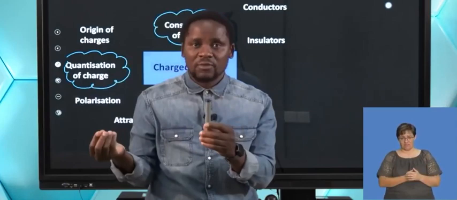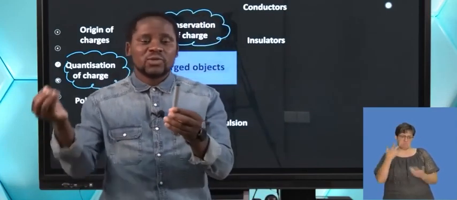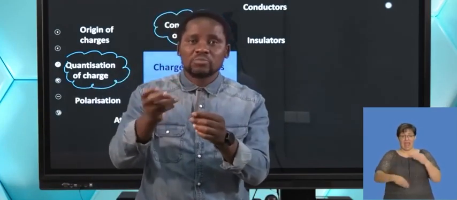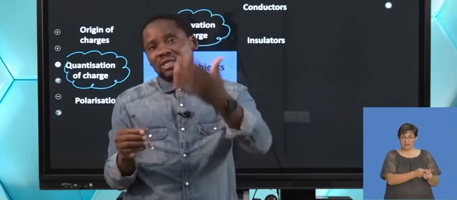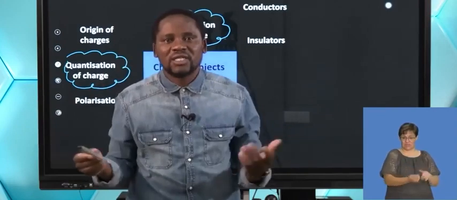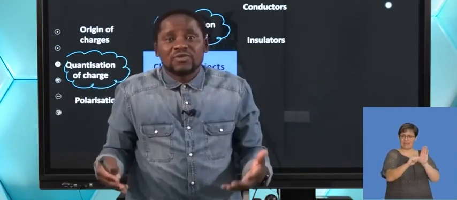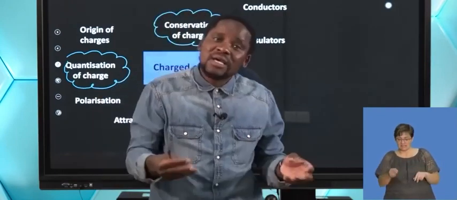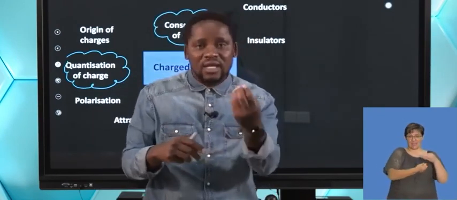Similarly, if electrons are being added to a material so that it achieves a negative charge, the magnitude of that negative charge is not the same, because it depends on the number of electrons added. The fewer electrons we add, the less negative it becomes.